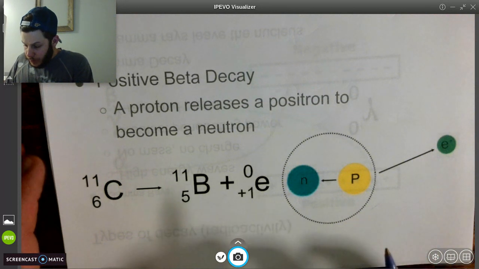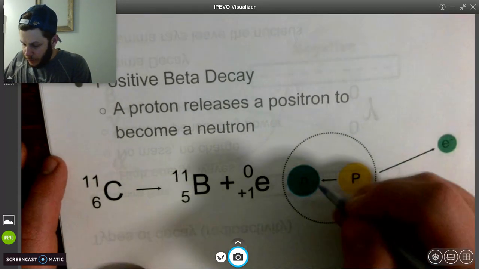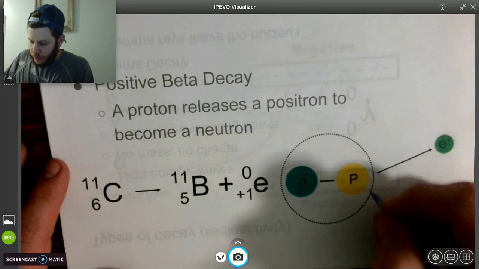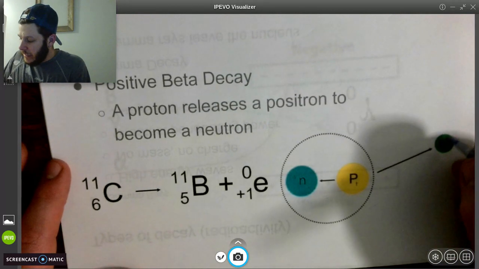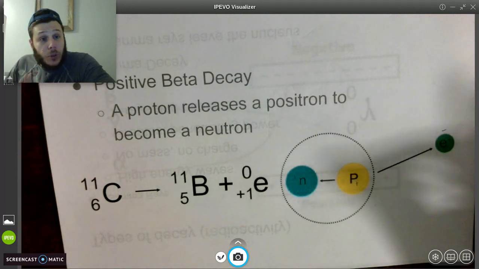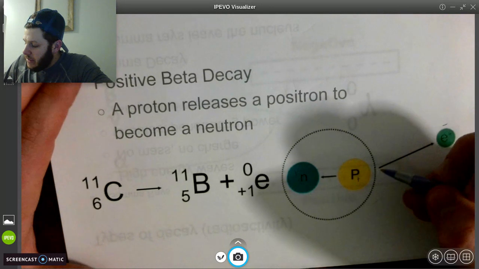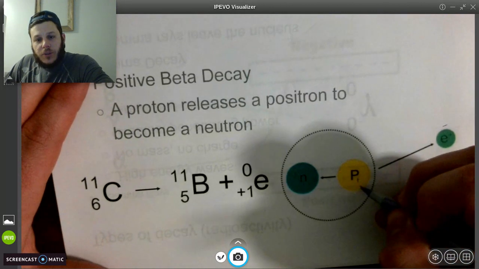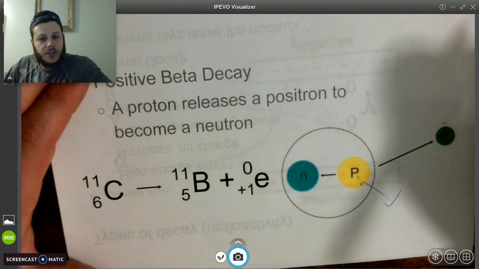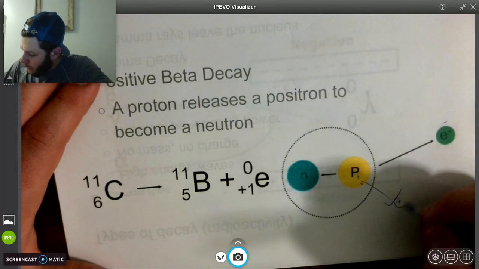So remember how I was just saying neutrons are partially positive and partially negative, and protons are entirely positive and electrons are entirely negative. Well, what can happen in some nuclear decays is the thing that makes the proton positive leaves. The little positive guy.